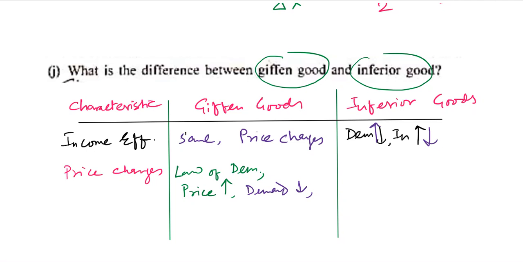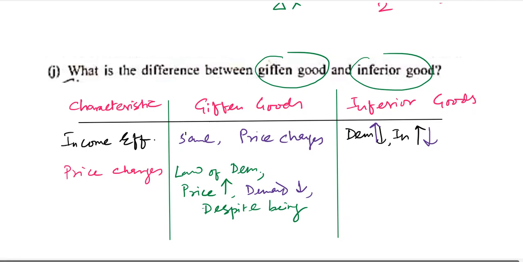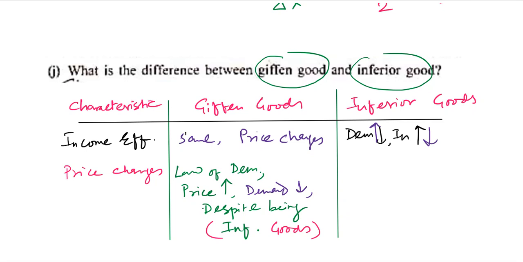Inferior goods, despite being inferior, follow the normal law of demand: when the price of the good increases, demand decreases.